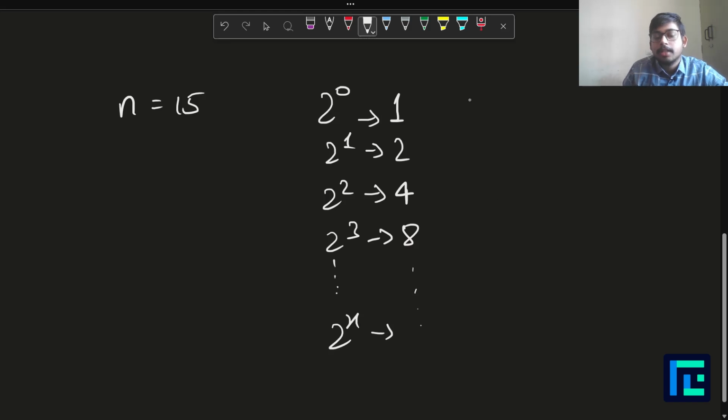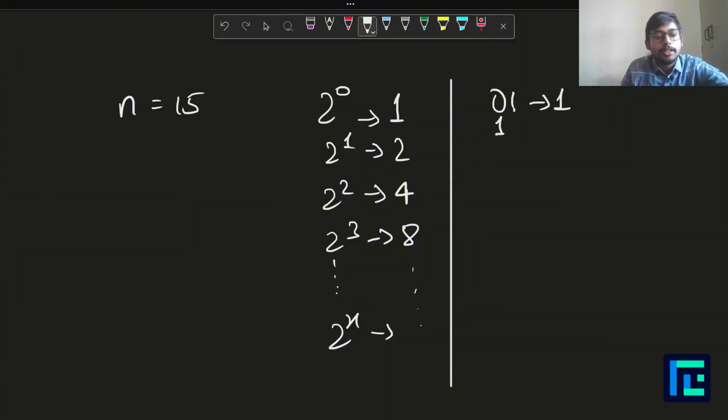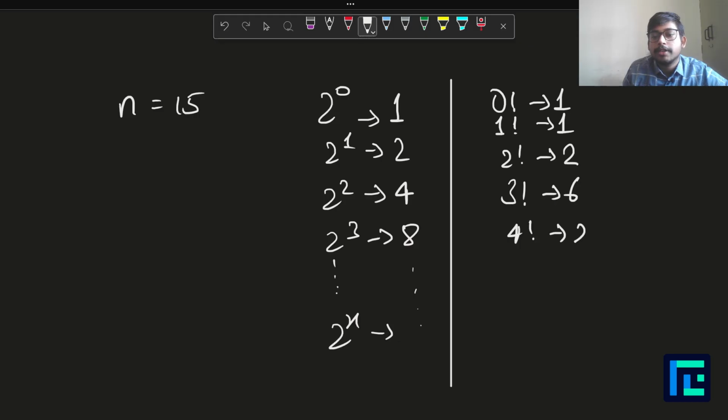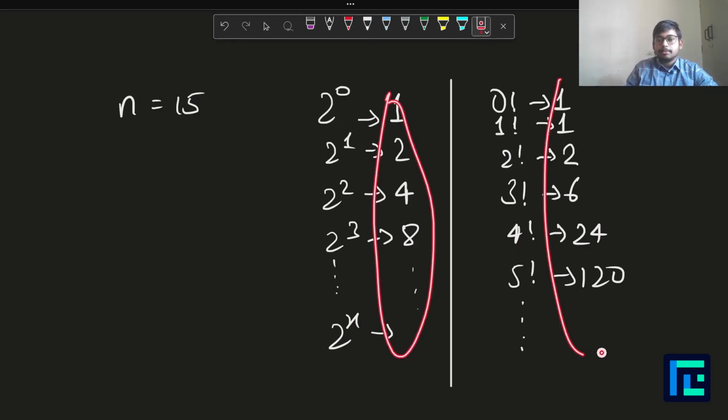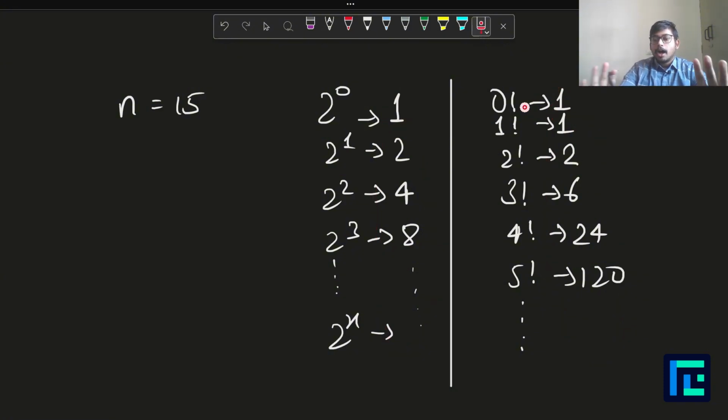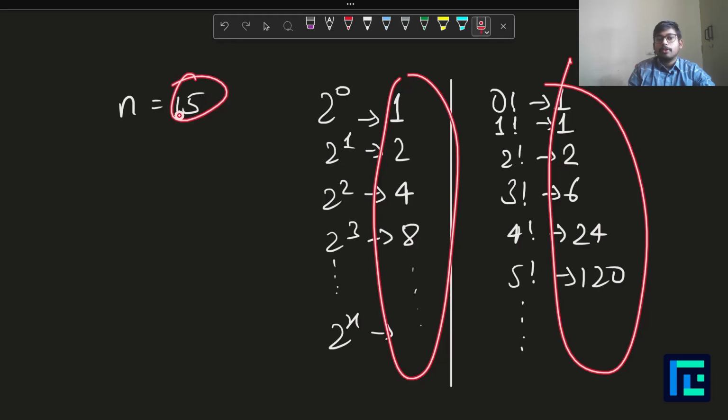Along with that, all the factorials: we'll start with 0 factorial, which is 1, 1 factorial is also 1, then 2 factorial is 2, 3 factorial is 6, 4 factorial is 24, 5 factorial is 120, and so on. All these numbers combined are powerful numbers. Using these, we need to use the minimum number of distinct numbers to form 15.